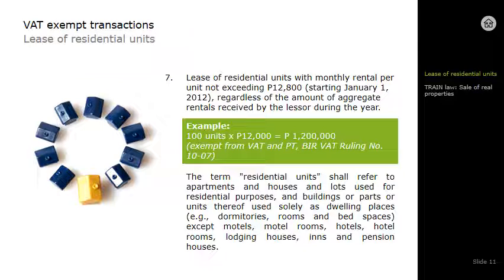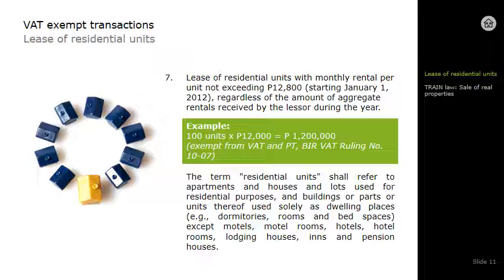Meaning, itong two conditions na 15,000 per unit tsaka 3 million annual gross receipt ng lessor should go hand in hand. Both conditions should be met. Otherwise, if one of these two conditions are lacking, then the lease of residential unit per month will still be exempt from the VAT.